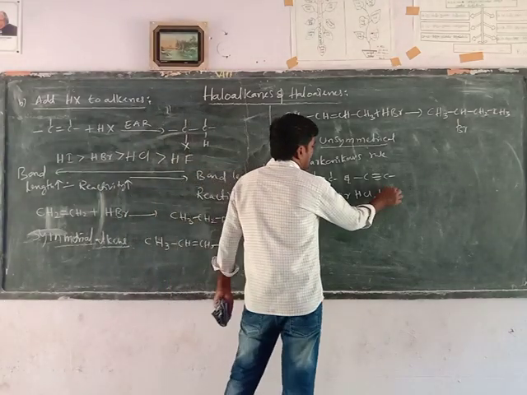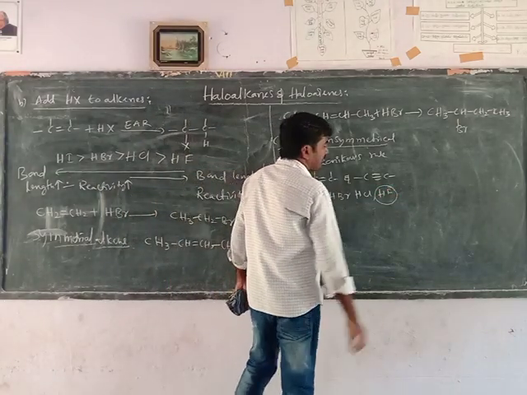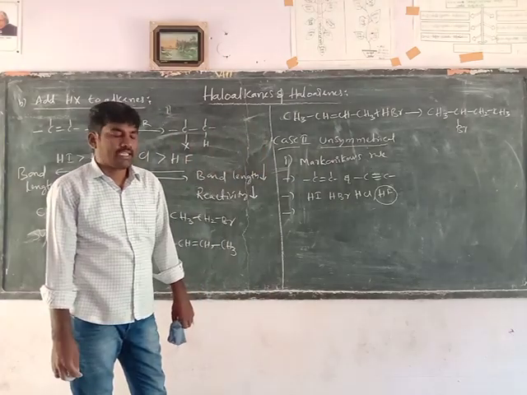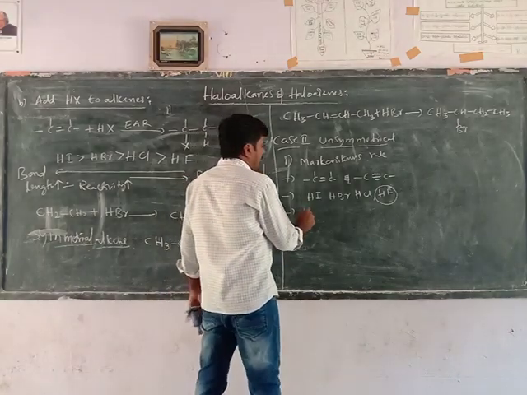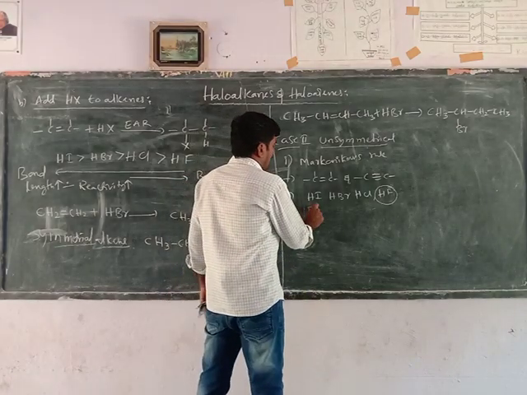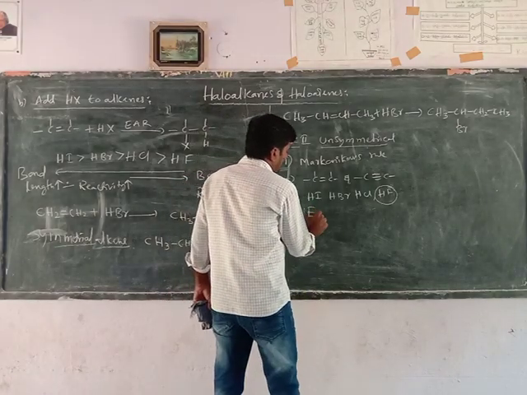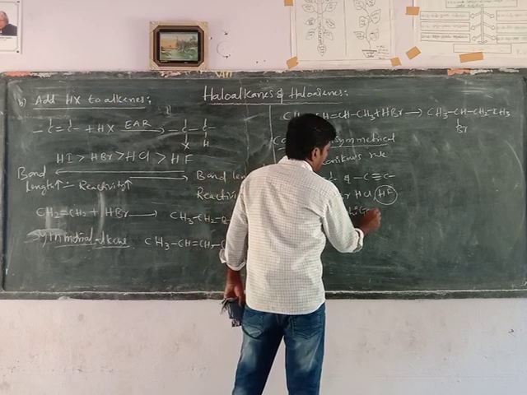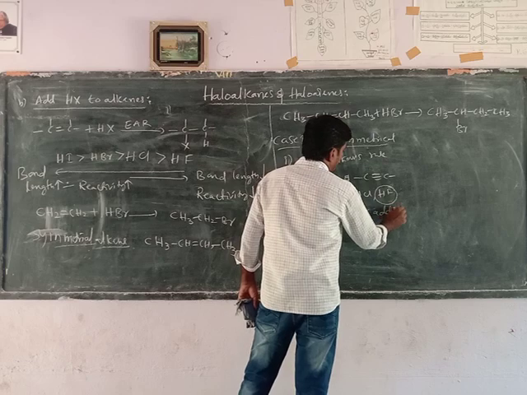Here the bond dissociation enthalpy of hydrogen fluoride is maximum, therefore it is very less reactive towards alkenes, and the mechanism is electrophilic addition reaction taking place across the multiple bond.